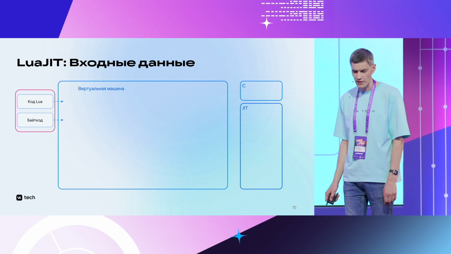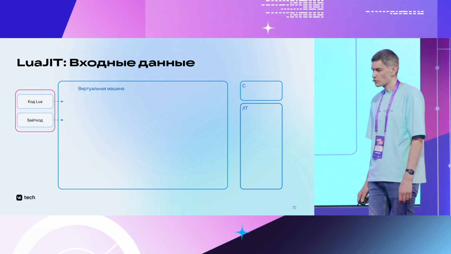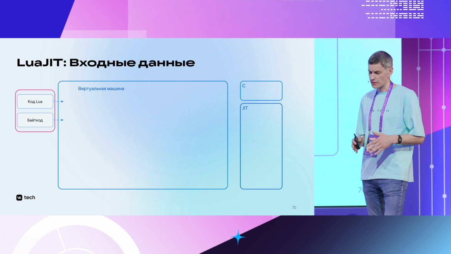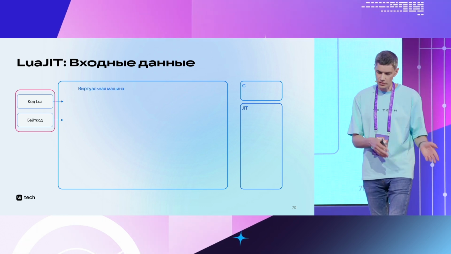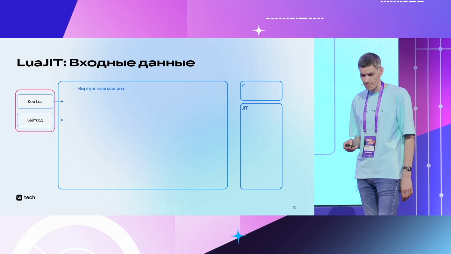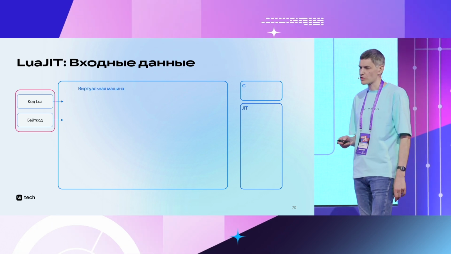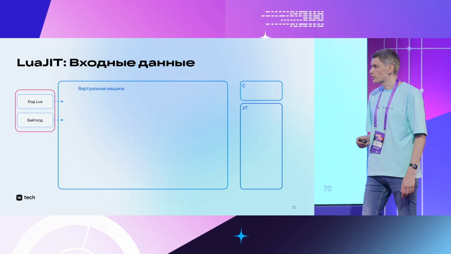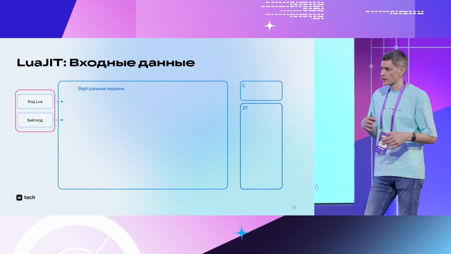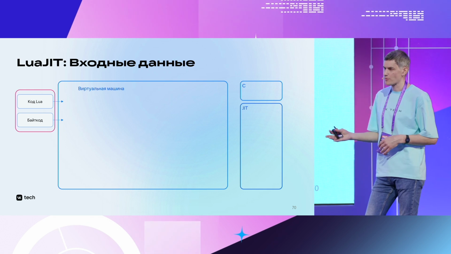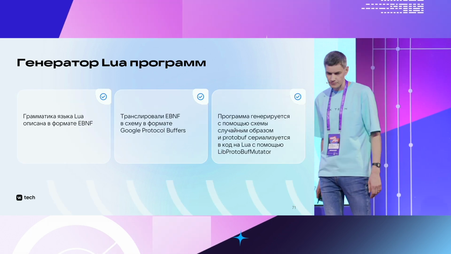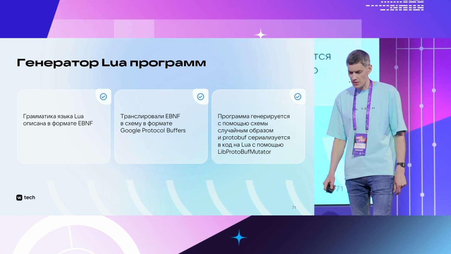Let's look at the diagram for LuaJIT. Let me remind you that the virtual machine can have data in two formats, Lua code and ready-made byte code. We tested it, assuming that any correct Lua code can be executed in LuaJIT, including the byte code.